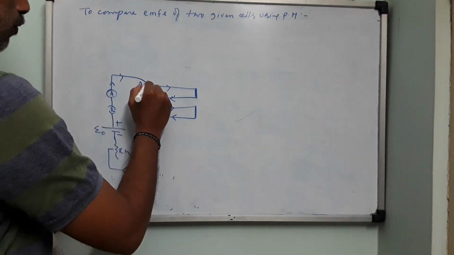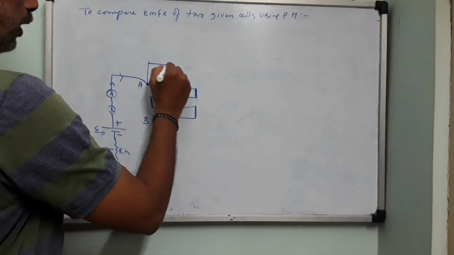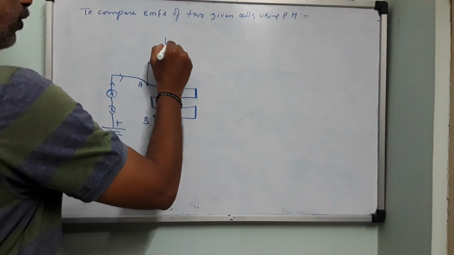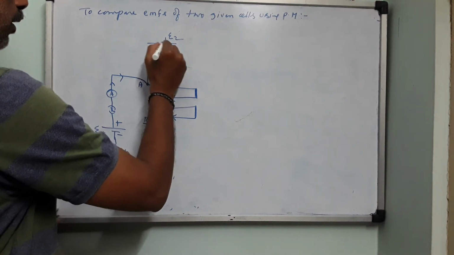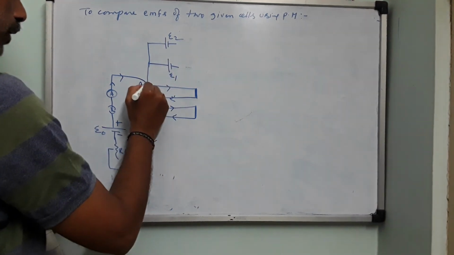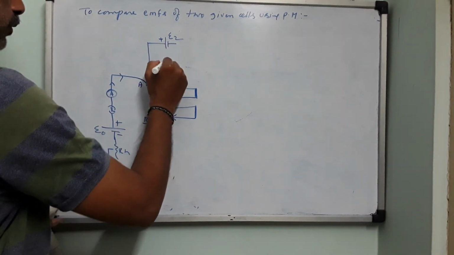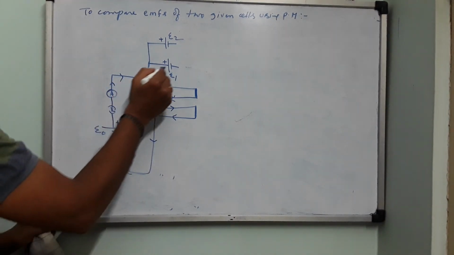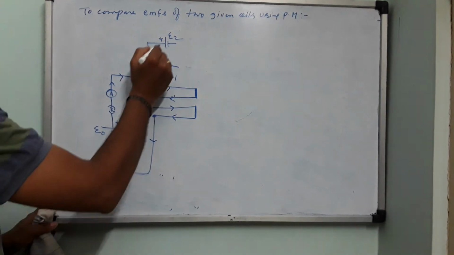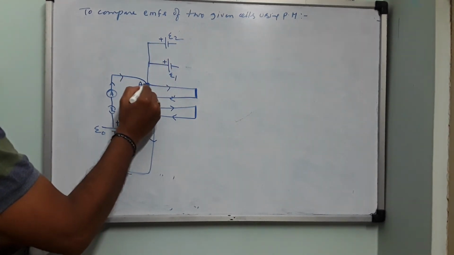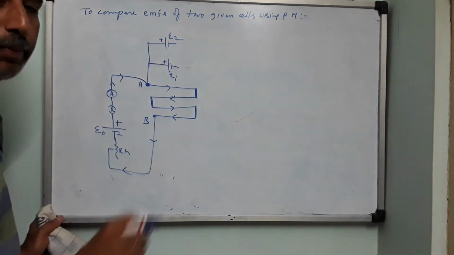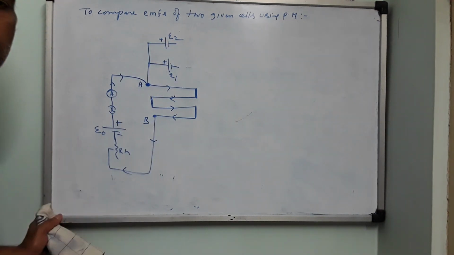In the secondary circuit, what do I do? I take a cell of EMF E1 here. Another cell of EMF E2 I will take here. I connect both these to this point. So plus, plus. Remember children, the positive of the driving cell, the positive of testing cell 1, and the positive of testing cell 2, all of them are connected to a common point A. If you reverse the terminals, you will never get the balancing length.